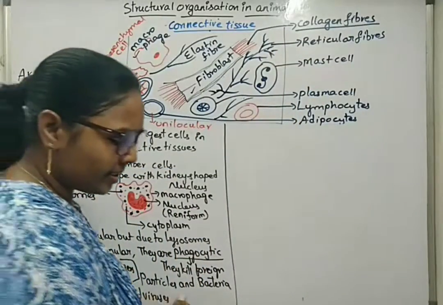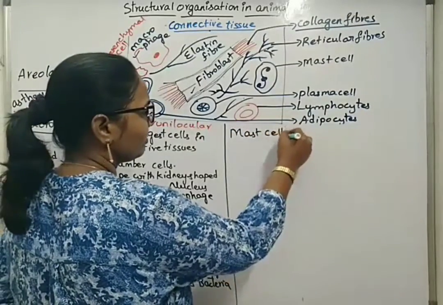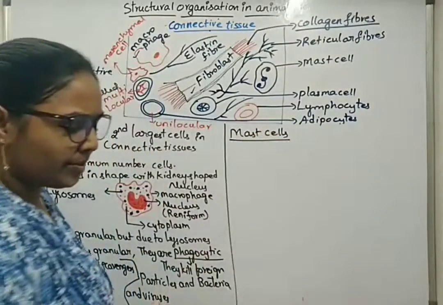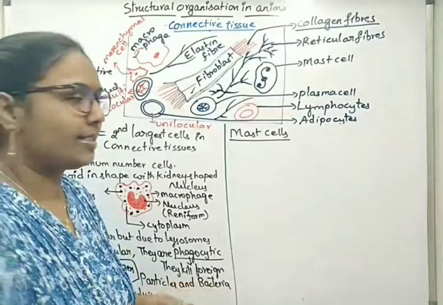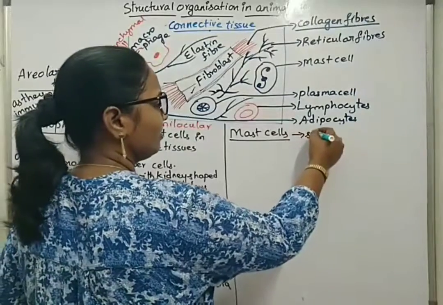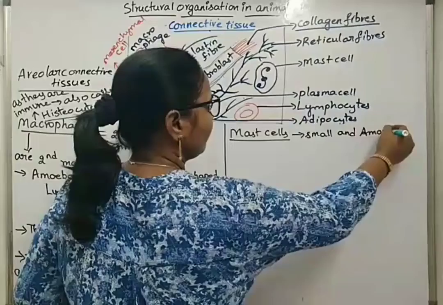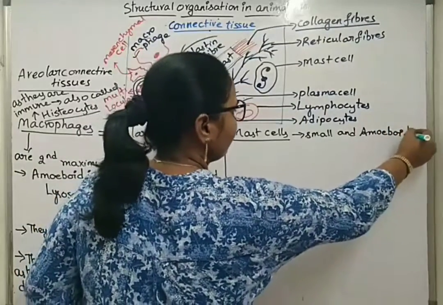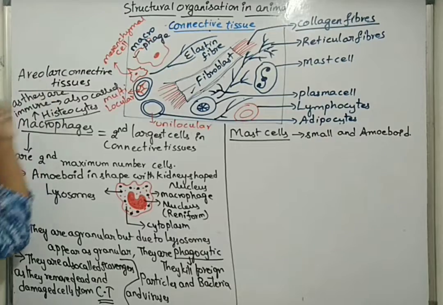Next about mast cells. So these mast cells are small and amoeboid cells. They are also studied under areolar tissue.